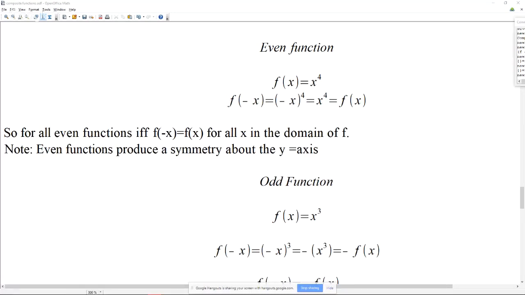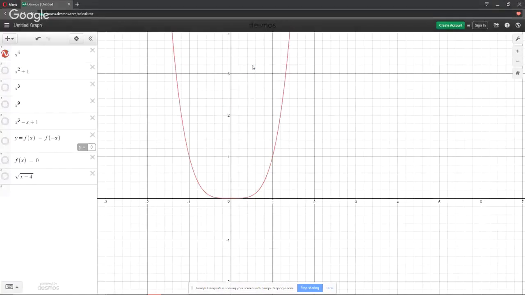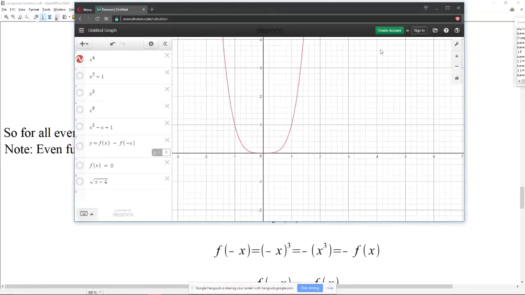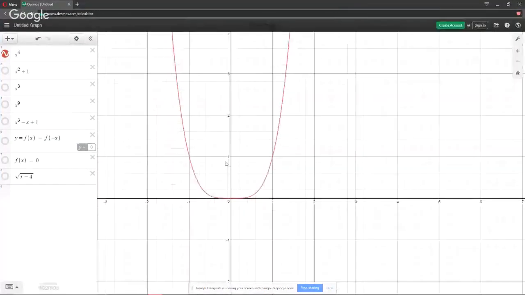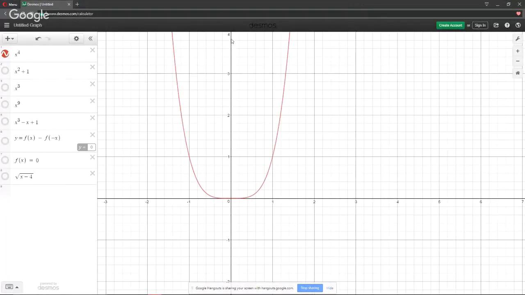An even function, and I've got one here, is always going to be symmetrical about the y-axis. Here's my y-axis going straight down the middle. Everything on this side is mirrored on the other side. There's a symmetry from this side to this side. Everybody can see that?